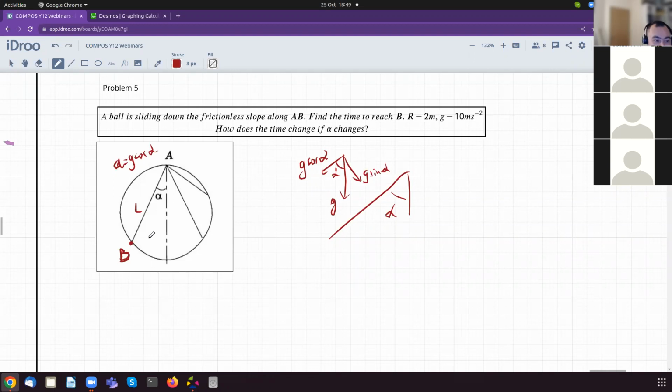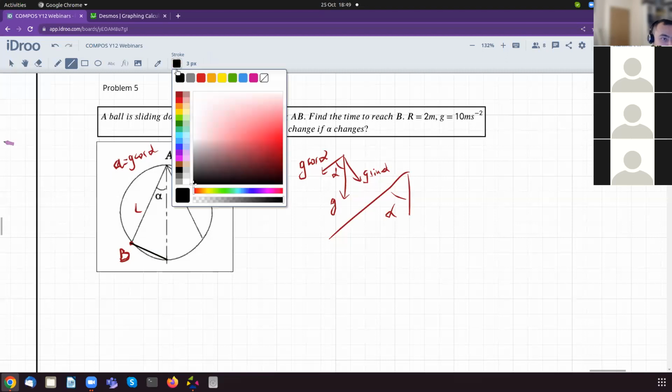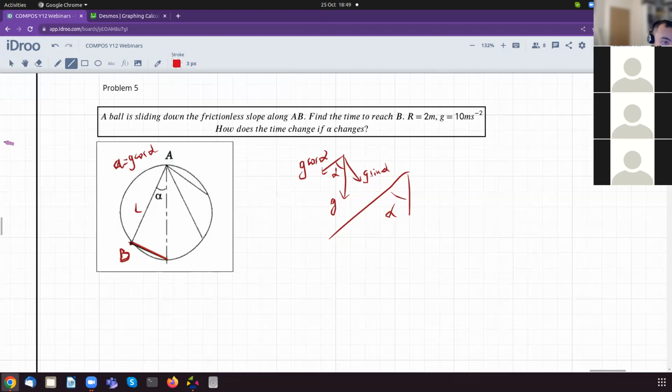Now we need to find L, the length. Well, this is actually super easy because if we draw a triangle like this, let's say AM is the diameter.